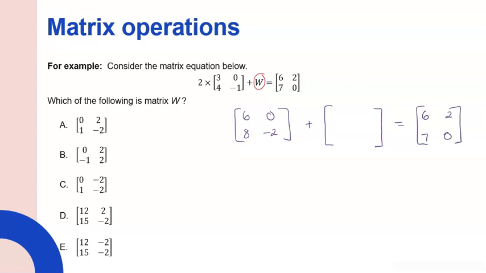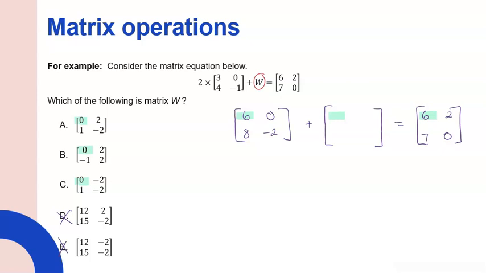6, 2, 7, 0. So let's look at row 1, column 1, and decide what element must be here. If I've got 6 plus something still equals 6, then it must be a 0 in that first row 1, column 1 element, which means I can eliminate D and E because they have 12, and that would give me an incorrect answer.